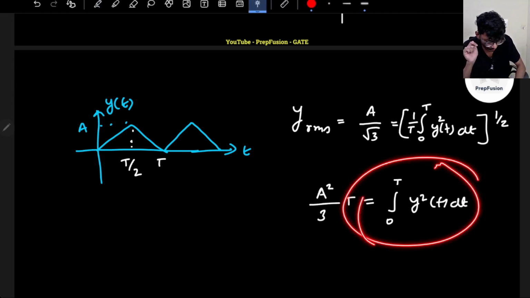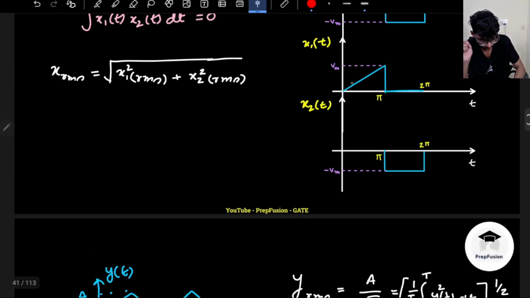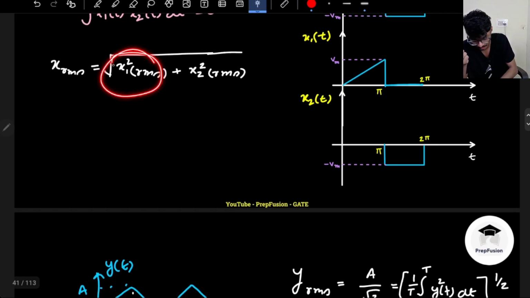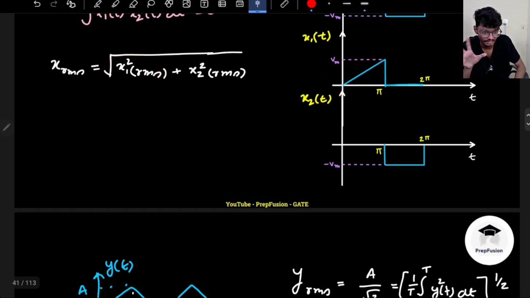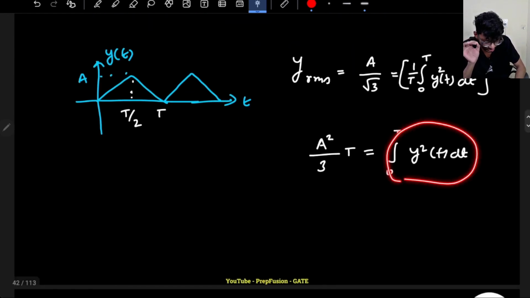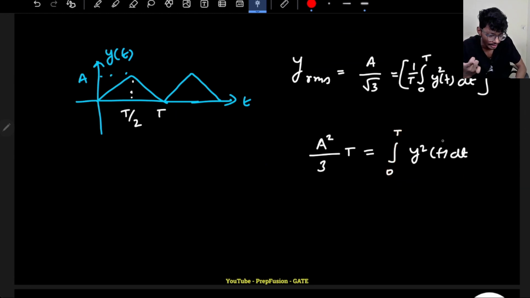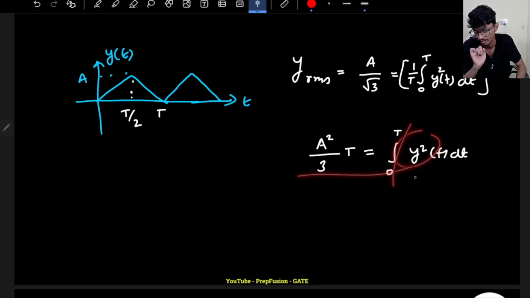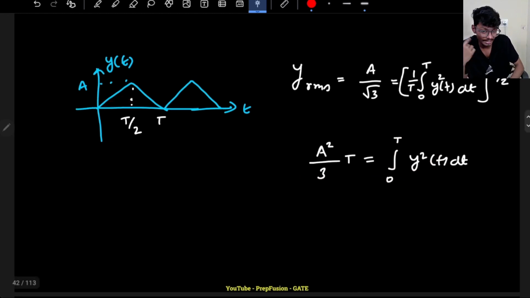Now can I apply something here? Because I need to find the RMS of this waveform. To find the RMS, I ultimately need to take the square and then find the area over that region. This relation tells me the area of the square of that waveform over the region 0 to t. So for this triangle, the squared area is a square t by 3.